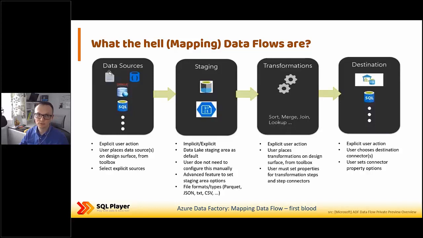If you want to do some transformation, some aggregation, some more sophisticated operation on your data stream or dataset, you need to use something else. At that point, mapping data flows come to help. Using mapping data flows, you can do all the transformations that you can do in SSIS, for example.